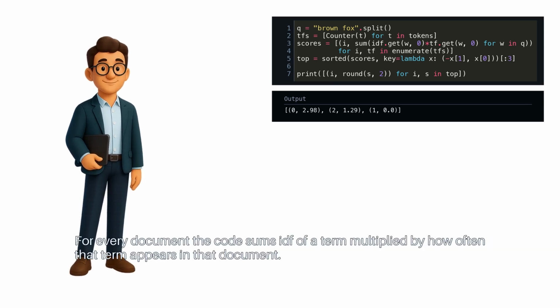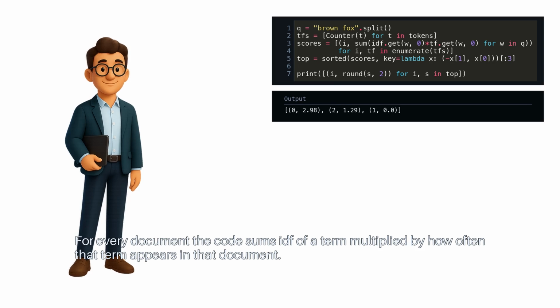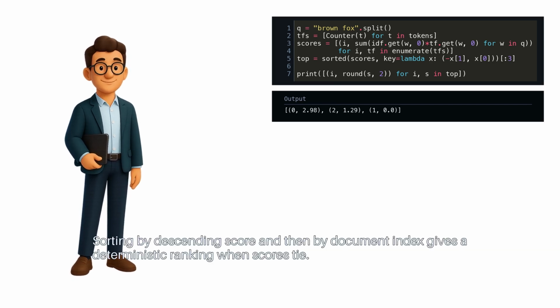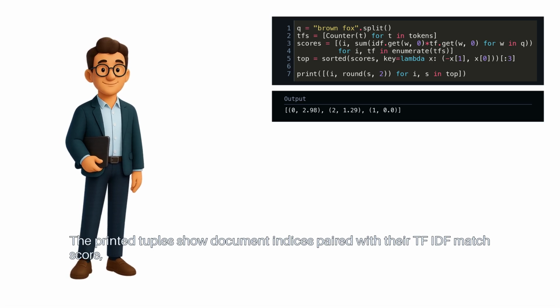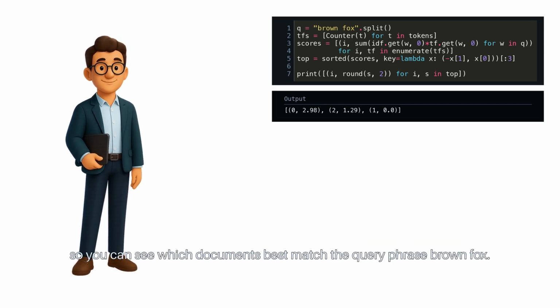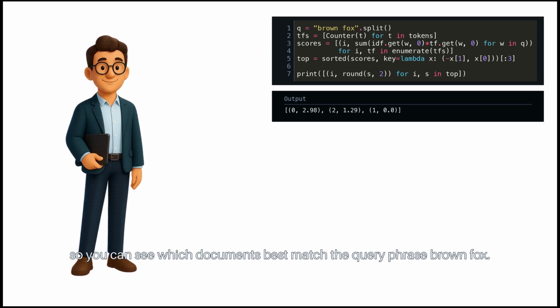For every document, the code sums the IDF of a term multiplied by how often that term appears in that document. Sorting by descending score and then by document index gives a deterministic ranking when scores tie. The printed tuples show document indices paired with their TF-IDF match score, so you can see which documents best match the query phrase brown fox.